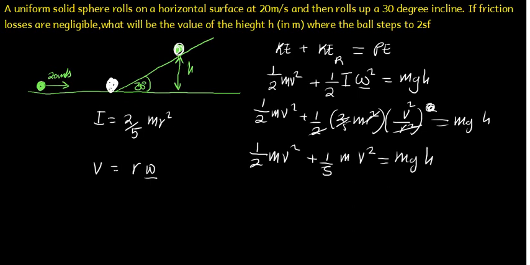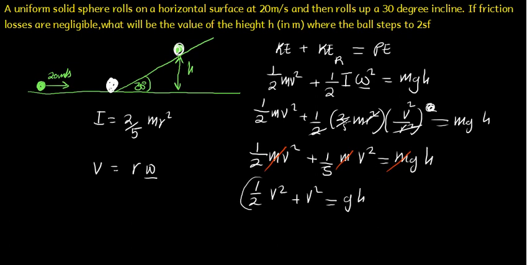Mass is common to everything, so it cancels and the result is not dependent on the mass. We just remain with half velocity squared plus 1 over 5 velocity squared, equal to gh.